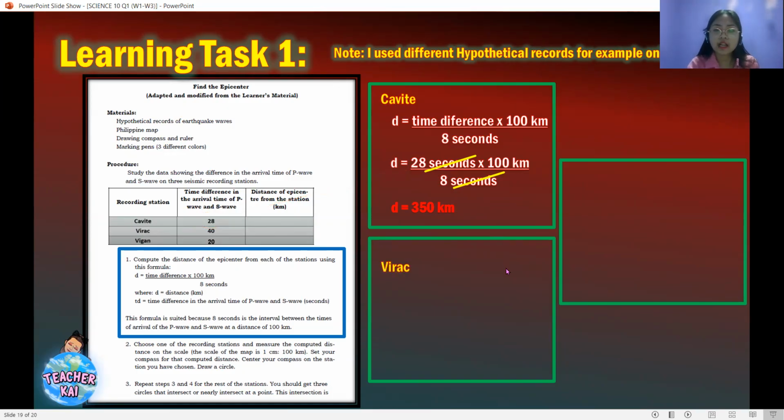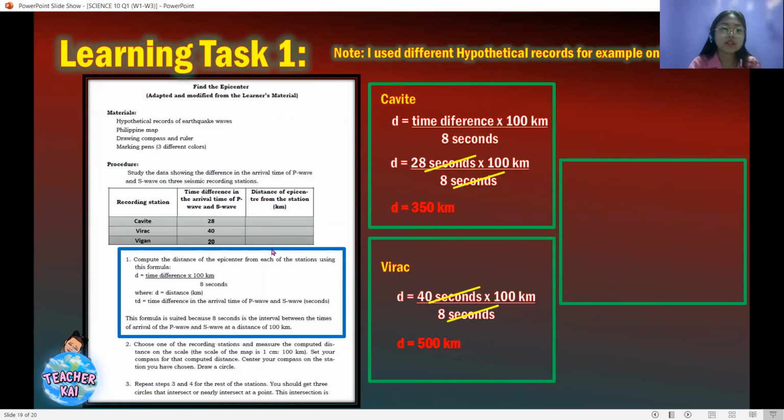Okay, so now let's go with the second station, which is Virac. So for Virac, we have to substitute 40 sa time difference and then compute. We have to cancel the same units. So 40 times 100 divided by 8. So 500 kilometers. So you have to copy the remaining unit.